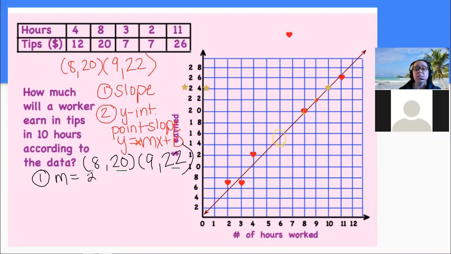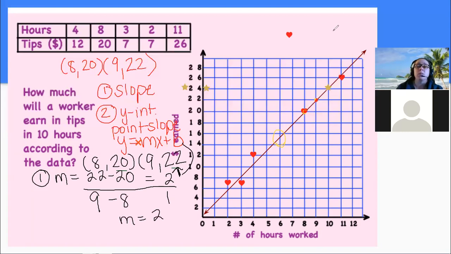So I'll start with the second one, 22 minus 20. That gives me 2. And then on the bottom, I'm going to do the x's. If I started with the 22, I have to start with the 9 minus 8, 1. So I get a slope of 2.